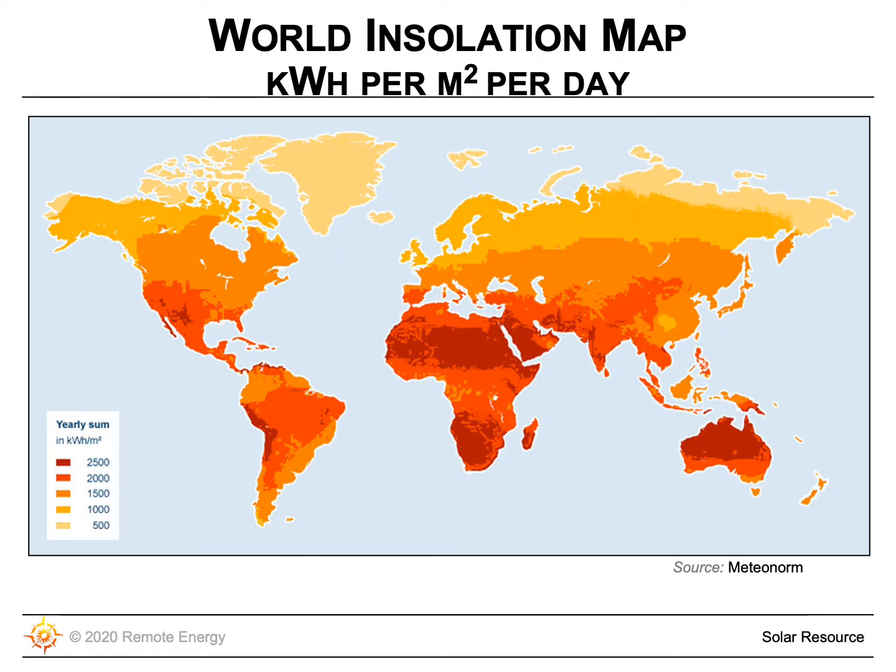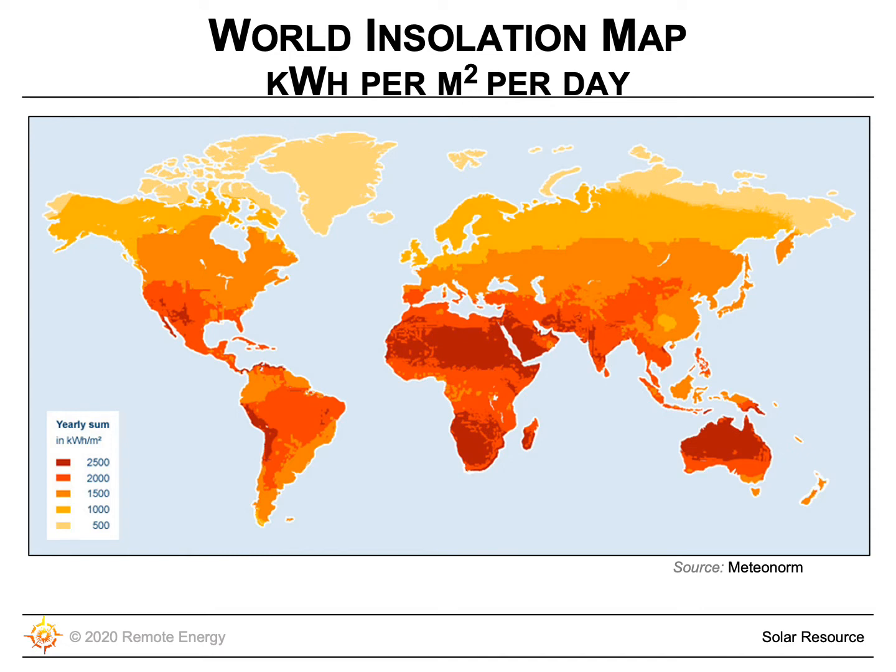As we'll see, there's many different sources for finding peak sun hour data for specific locations. This is one way, by using a world insolation map. This might not be the most accurate way to determine solar insolation for a given period, but it's an interesting way to look at it, to get a kind of bird's eye view of where on Earth you have areas of really high intense sunlight and higher insolation values.